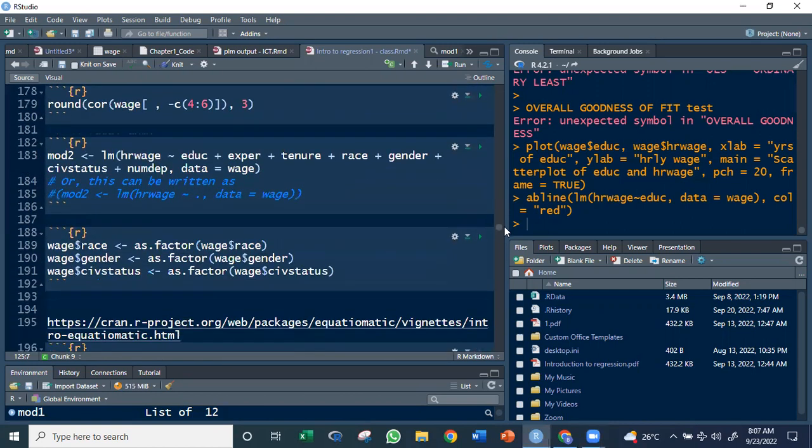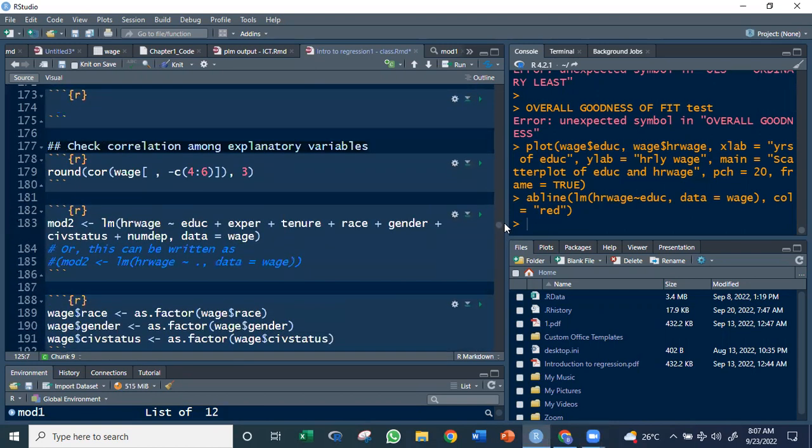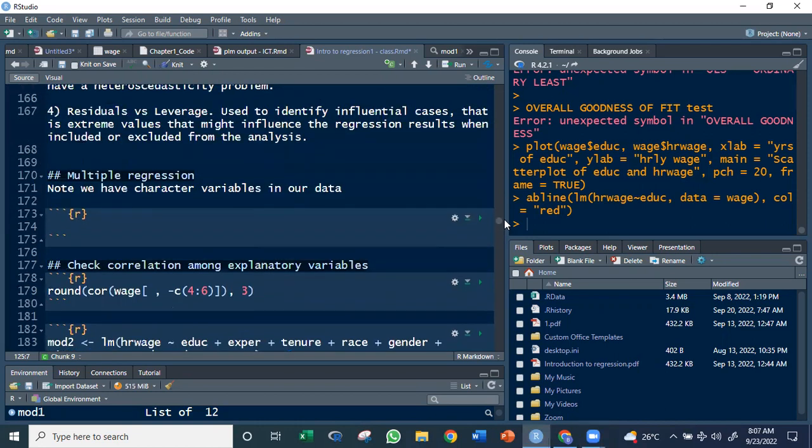Okay, so let's go here. We did model 2 also, but remember, class, that we want the independent variable to be highly correlated with your dependent variable. So we check that using this function. Diba? Kinuha natin correlation ng data na wage.